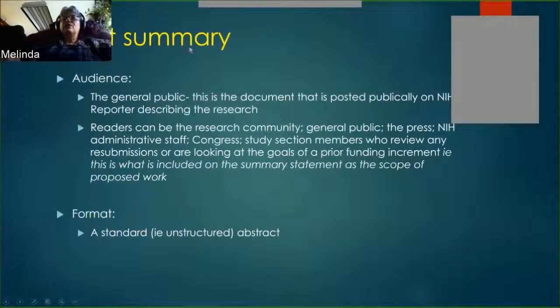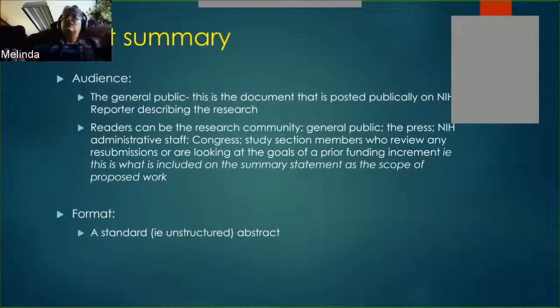The readers of this project summary are a whole host of people. So depending on the kind of research, you want to be careful about how you word the project summary. Some of the readers are the research community. I will have another class on this, but there's a resource called NIH Reporter that allows you to look at every single grant funded by the NIH in the United States.